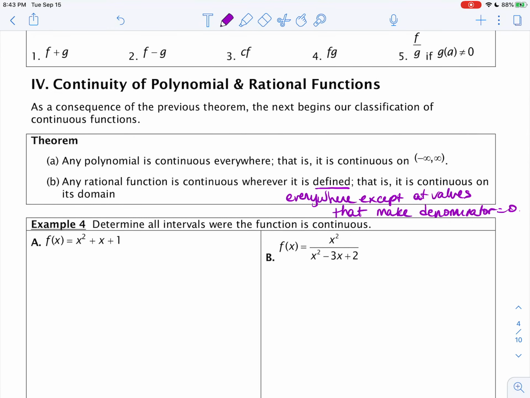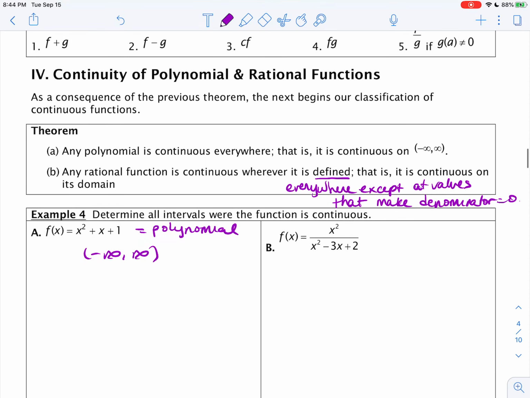Okay, so here, determine all intervals where the function is continuous. In this case, this is a polynomial, so we're just going to say from minus infinity to infinity. Determine all intervals where the function is continuous of this second function, and it's at all x where the denominator does not equal 0, because f of a has to exist and we can't divide by 0.